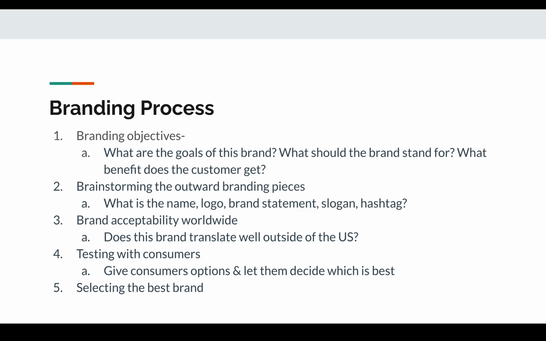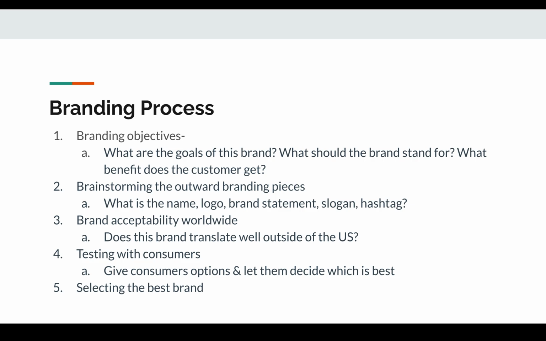And they did not do very well. And this is because they didn't think about how acceptable their brand would be outside of the United States, outside of English-speaking countries. They found out that when they translated Nova to Spanish, it was translated to "no go."